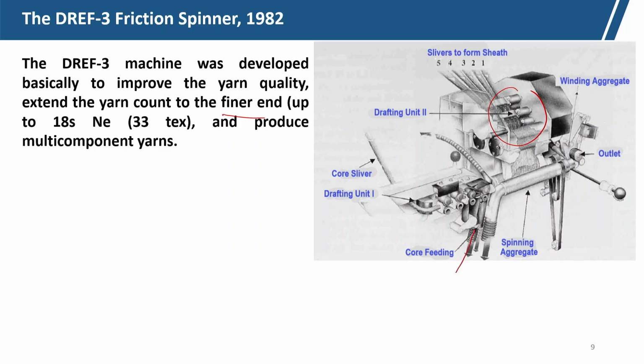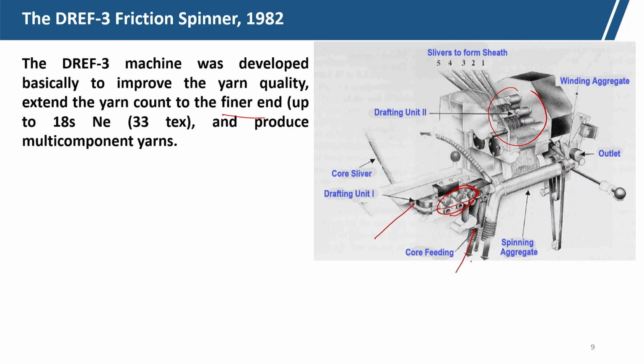Here we can feed the core. The core is normally filament, or we can use staple yarn also. So the core is fed through this, then another drafting unit 1, where a single sliver is drafted, just like a normal ring frame.